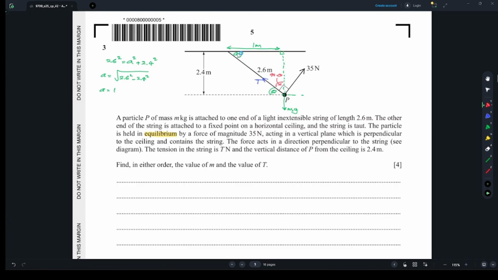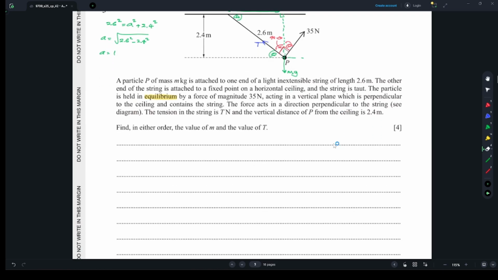But this total angle is 90, so this small piece is 90 minus theta. That means this one should be theta. So I will leave it like this. Now let's try to find the values.